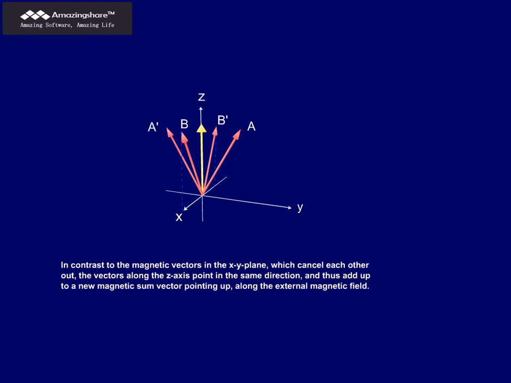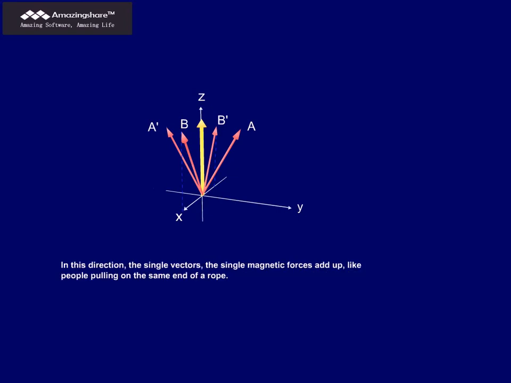In contrast to the magnetic vectors in the xy plane, which cancel each other out, the vectors along the z-axis point in the same direction and thus add up to a new magnetic sum vector pointing up along the external magnetic field. In this direction, the single vectors, the single magnetic forces, add up, like people pulling on the same end of a rope.